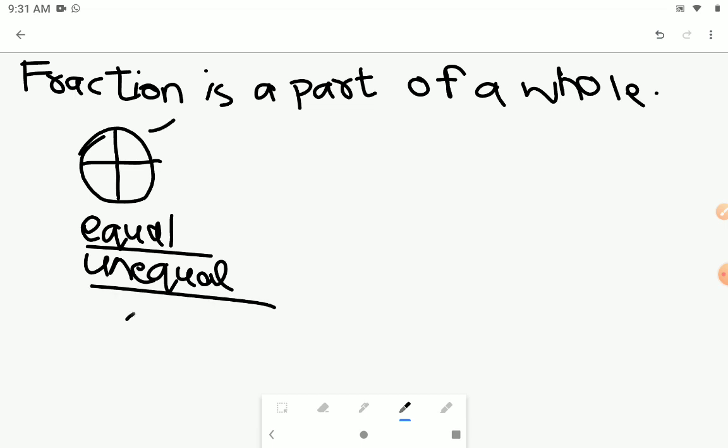Unequal mean like this. If we have this and this. See, if this is equally distributed, no. One part is very huge. This is little short. And like that, they are not very equal. They are not equal. They are unequal.